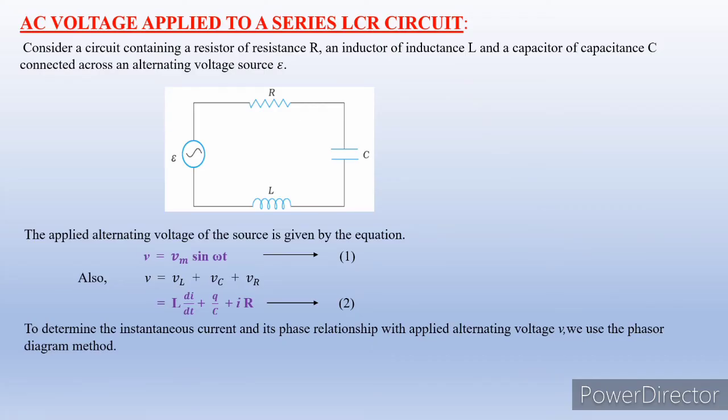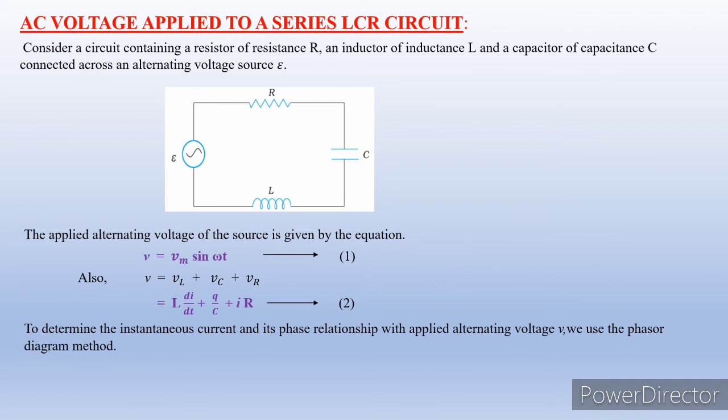In the previous topics, we have seen how AC voltage applied to a resistor separately, a capacitor separately, and an inductor separately will behave. Now we are going to discuss the behavior of AC voltage applied to a series combination of LCR circuit. Look at the diagram.